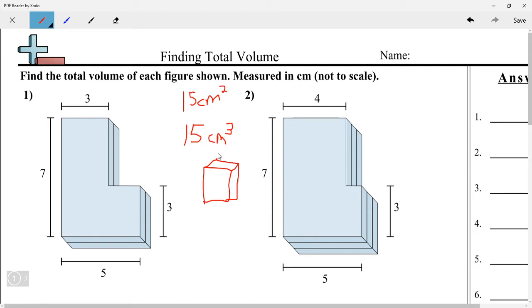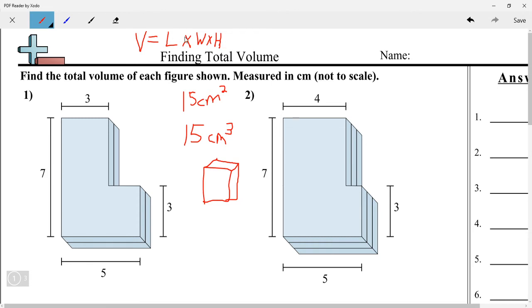Okay, so that's volume. And to find volume of a rectangular prism, it is volume equals length times width times height. So area, just of a rectangle, equals length times width, and then volume equals length times width times height.